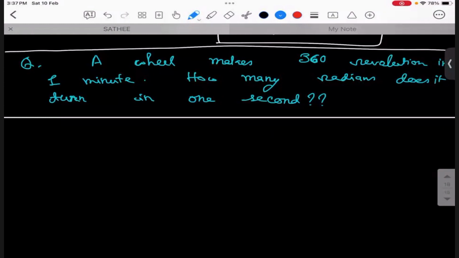Now in one revolution the radian measure is 2 pi, because the complete revolution is done. So 6 revolutions means 2 pi into 6 radians. So how many radians does it turn? The number will be 2 pi into 6, that is 12 pi. So thus we can solve the problems.